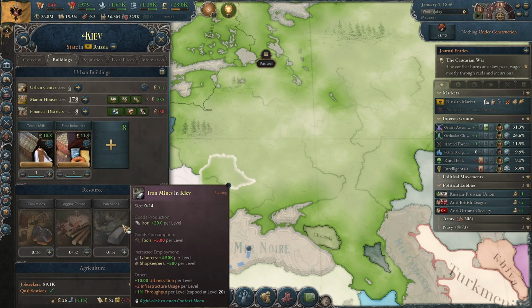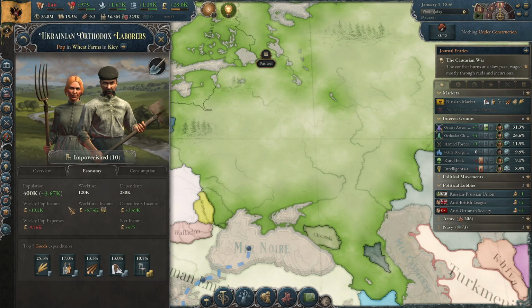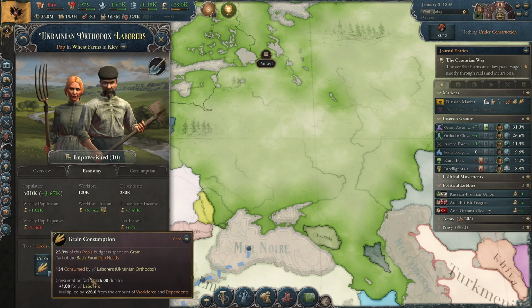Because if we go find a different pop group, let's go, say, to this wheat farm, with 400,000 people, it's about a fourth of the size, with slightly higher standard of living that we'll get into. They're consuming 154 grain. Their consumption factor is multiplied to 26, based on workforce independence with that +1.